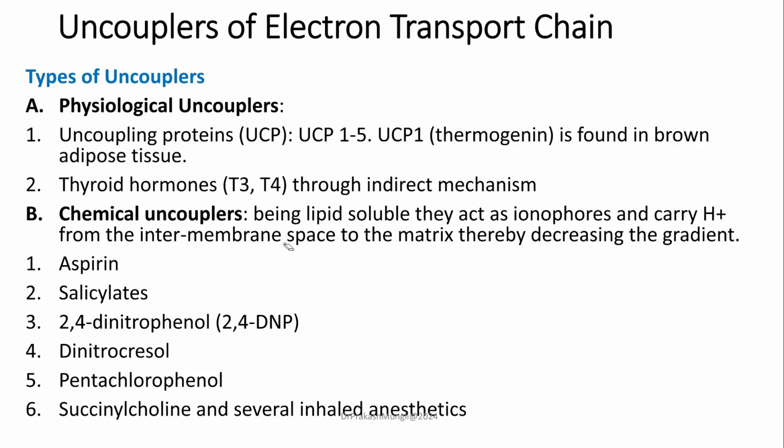There are 4 types. UCP1 is an uncoupler that is expressed at high concentration in brown adipose tissue, and UCP1 is referred to as thermogenin. So there is higher expression of this UCP1, thermogenin, in the brown adipose tissue.